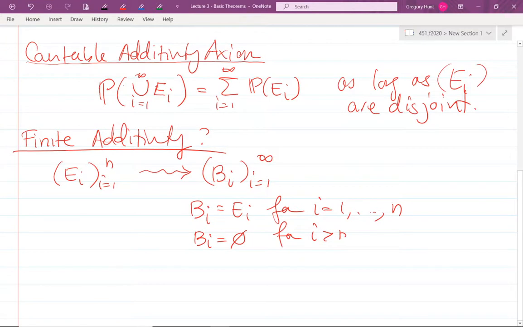Notice that we've gone from a finite collection of sets to an infinite collection of sets. We basically just tacked on a countably infinite number of empty sets. And so that's not really going to change many things.